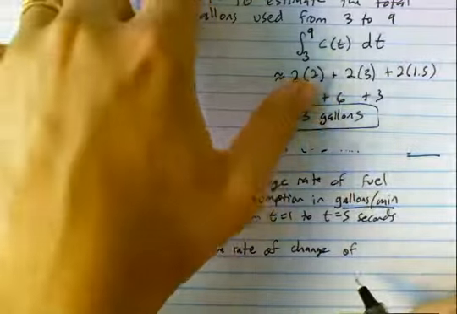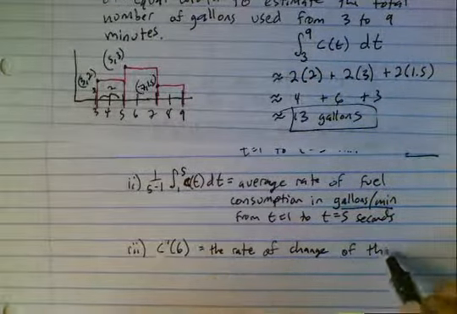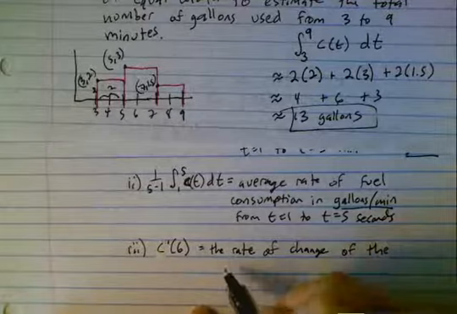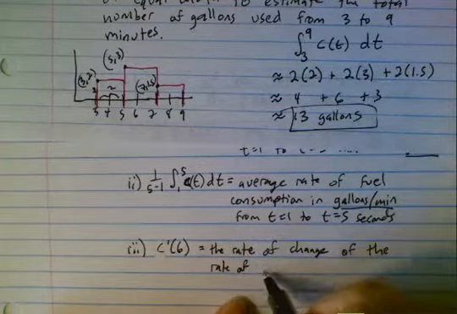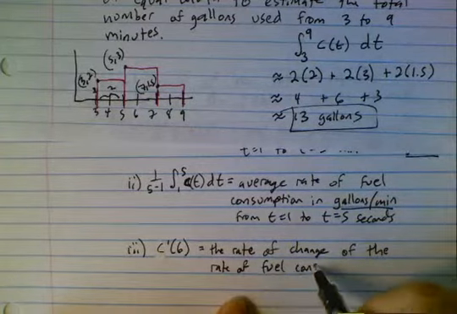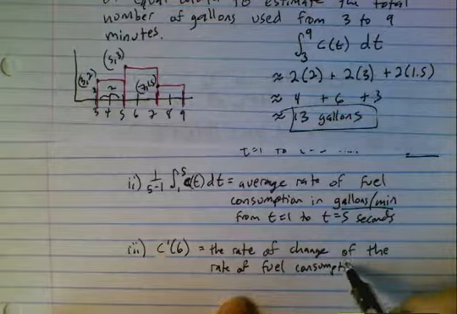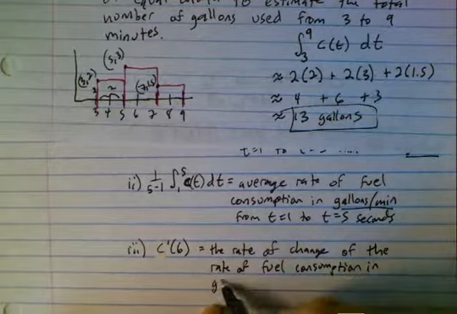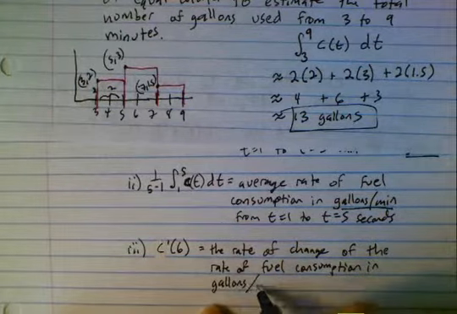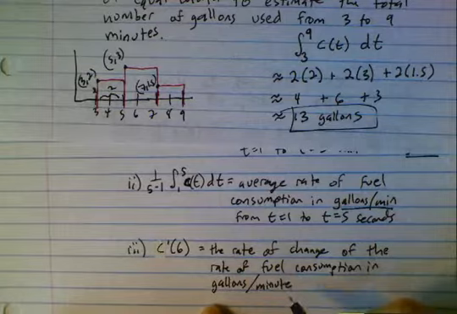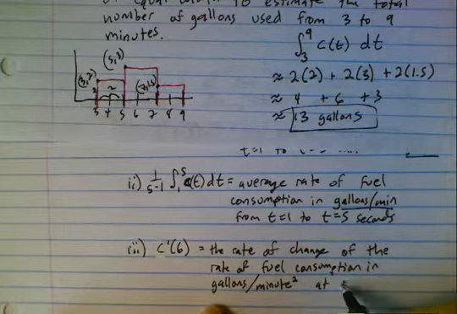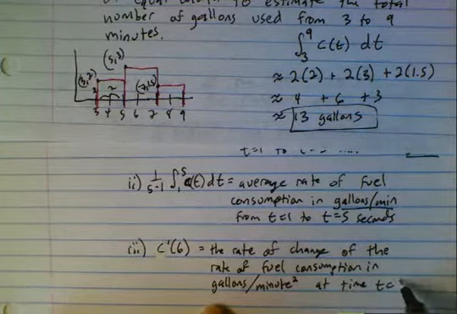And we said c of t is the rate of fuel consumption. So there are 2 rates in the problem. That's okay. The rate of change of the rate of fuel consumption, in gallons per minute divided by minute, so that's gallons per minute squared, at time t equals 6.